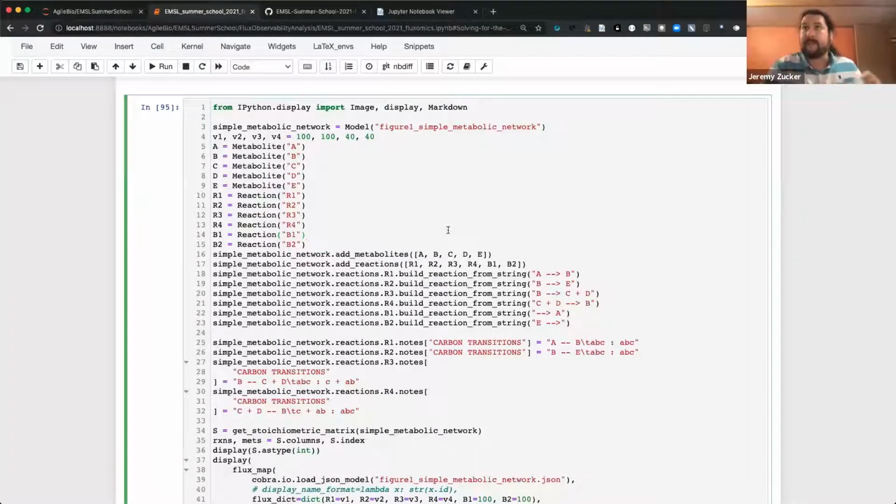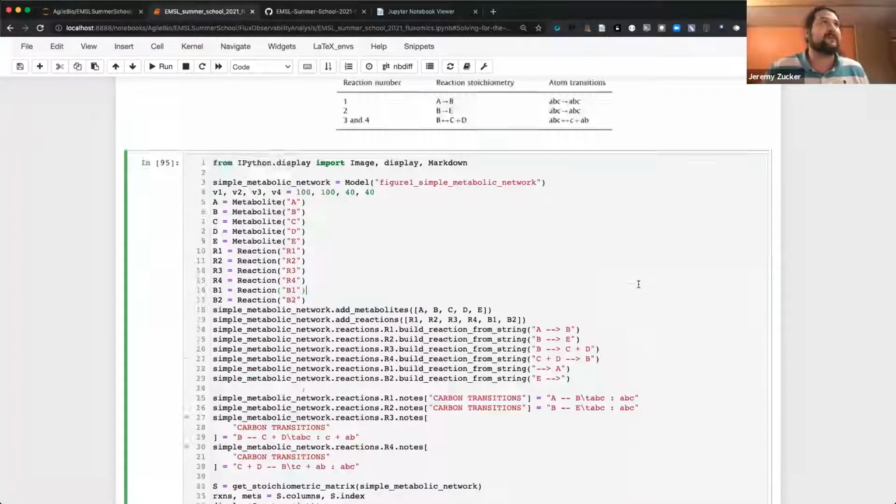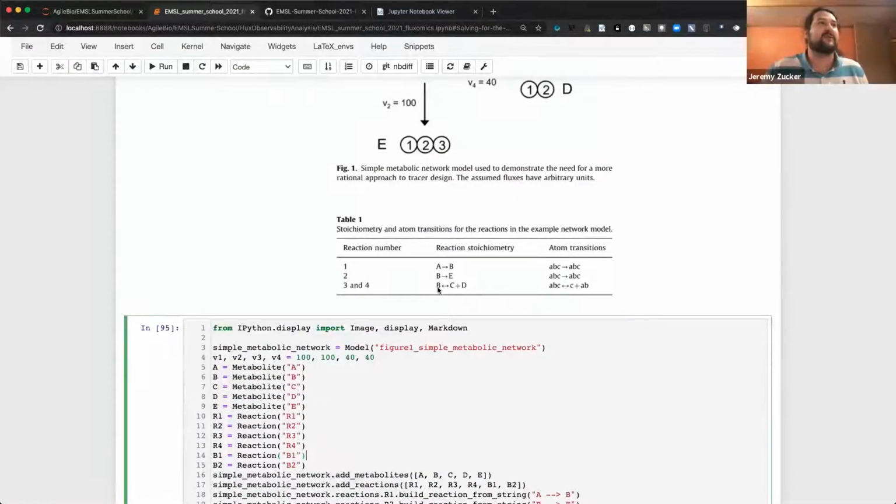So we already have a question. As B goes to C plus D, what happens to type 3? I'm assuming counts of types 1, 2, and 3 are conserved. I just want to make sure I understand your nomenclature here. Oh, I see.